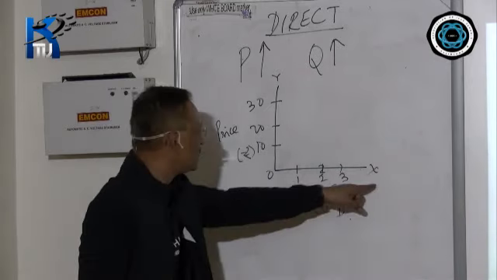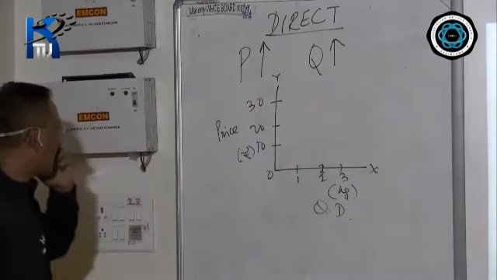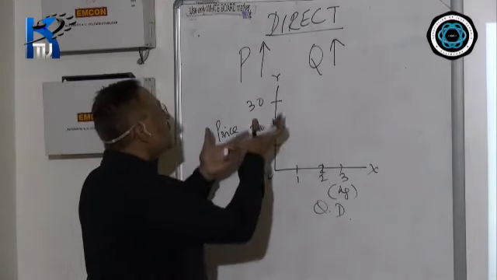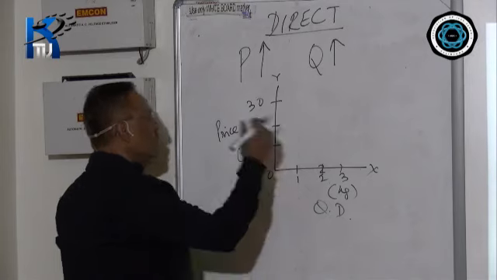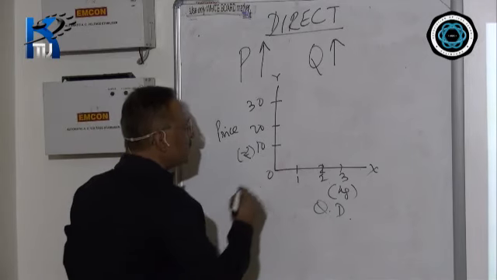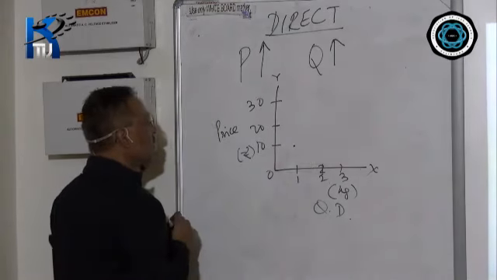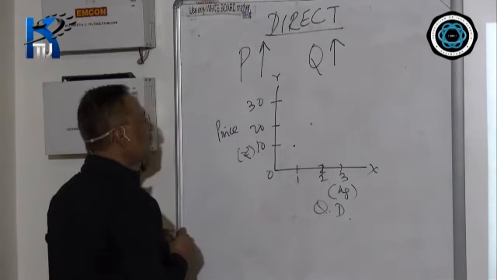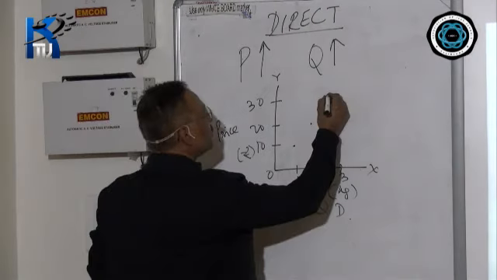Don't forget your x-axis, origin, y-axis. Here you will see that when the price goes up, the quantity demanded also goes up. When the price is 10 rupees, you buy 1 kg. When the price is 20 rupees, you buy 2 kgs. When the price is 30 rupees, you buy 3 kgs.